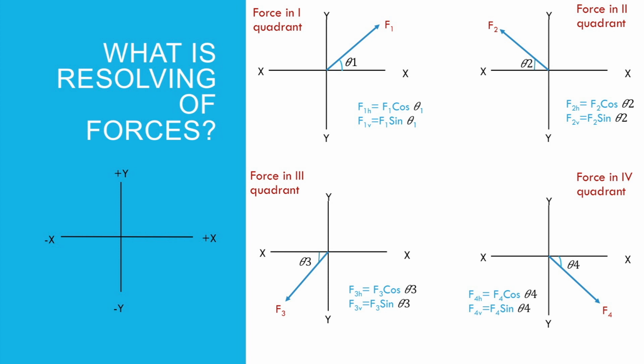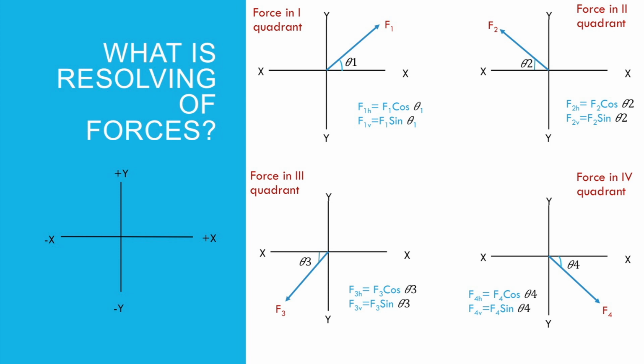As I said earlier, F2 cos theta 2 is along the x axis and F2 sin theta 2 is along the y axis. But F2 cos theta 2 is along the negative side of the x axis. Therefore, it is minus F2 cos theta 2, whereas F2 sin theta 2 is along the positive side of the y axis. So, it is positive.